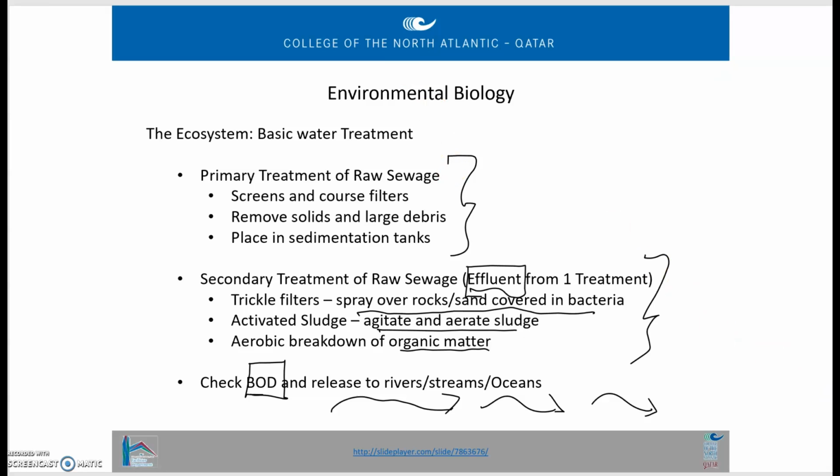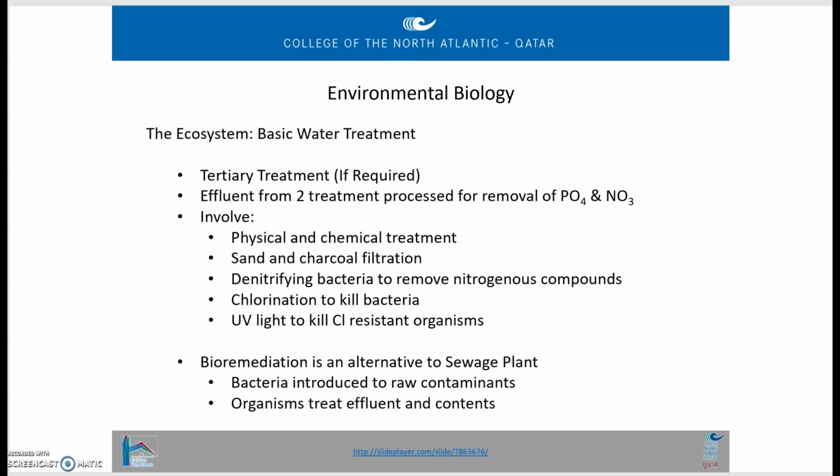Now, we can add another level on top of that, and that's the tertiary treatment. Not all places will have a tertiary treatment, but when we do, instead of releasing the effluent from the secondary treatment into the environment, we process that even further, and we try and get rid of the phosphates and the nitrates that are in that effluent.